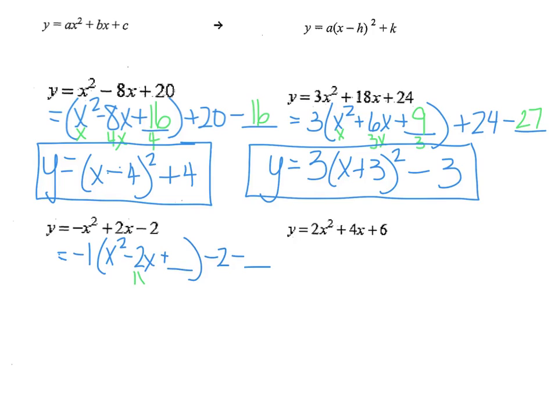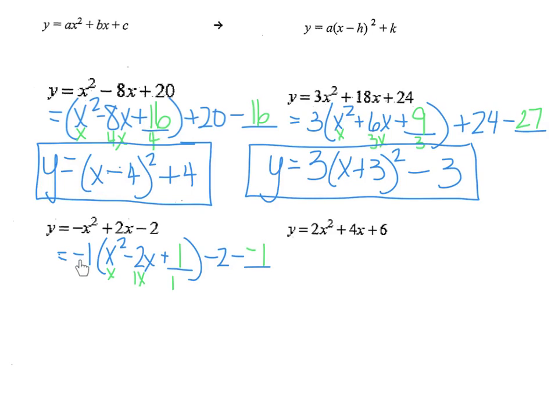2x comes from 1x. 1x comes from x times 1. 1 squared gives us 1. 1 times -1 gives you -1.